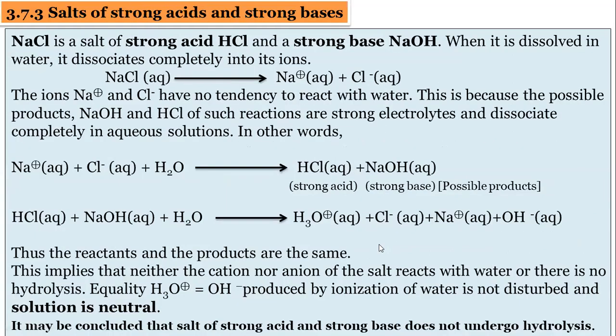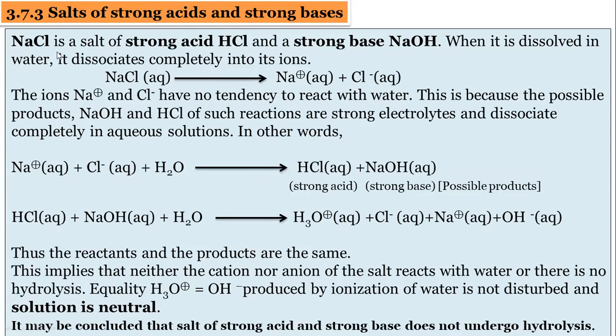Then we will discuss hydrolysis of the first type, the salt of a strong acid and a strong base. If you understand this salt, then the next types we will understand automatically. First, concentrate carefully.